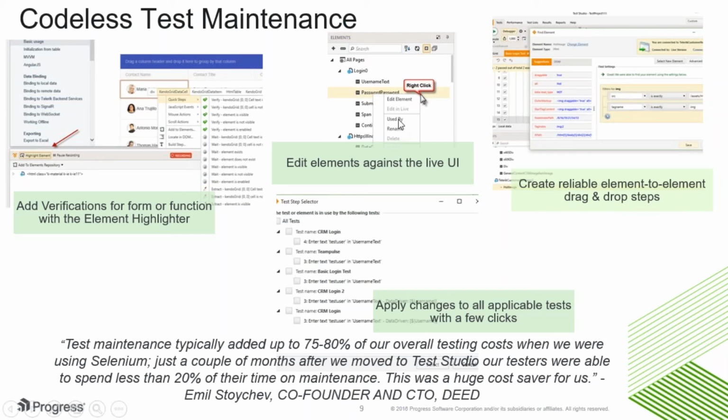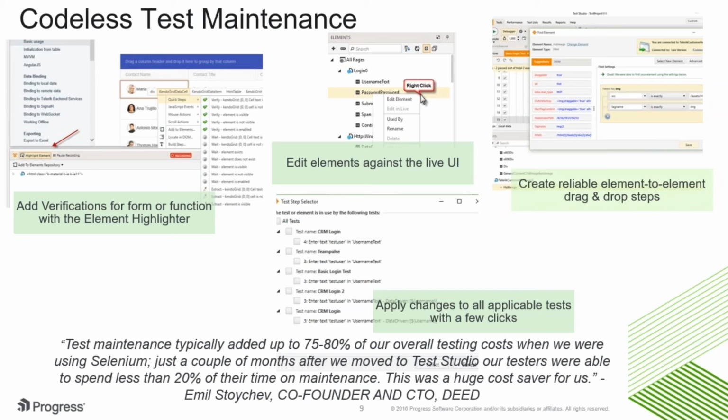We've got, of course, editing the elements against the live UI, so you get feedback from the application to tell you, yes, this is working, no, it's not. Of course, creating element-to-element drag and drops, where responsive design applications these days are going to be moving our buttons around, and we want them to. We want them to basically fit the form factor that the user is bringing to the table.